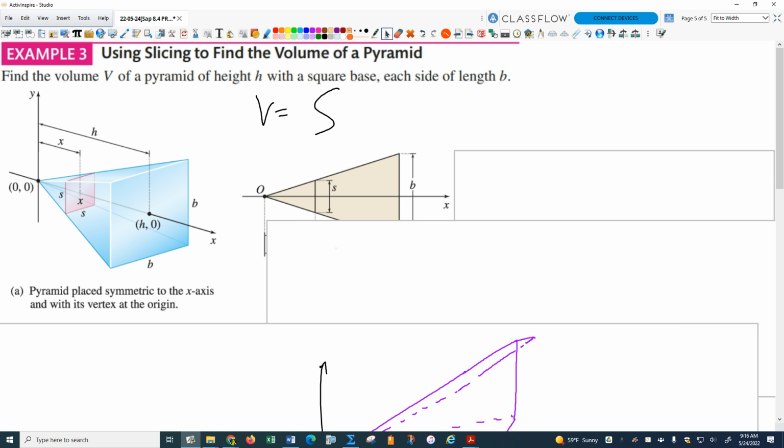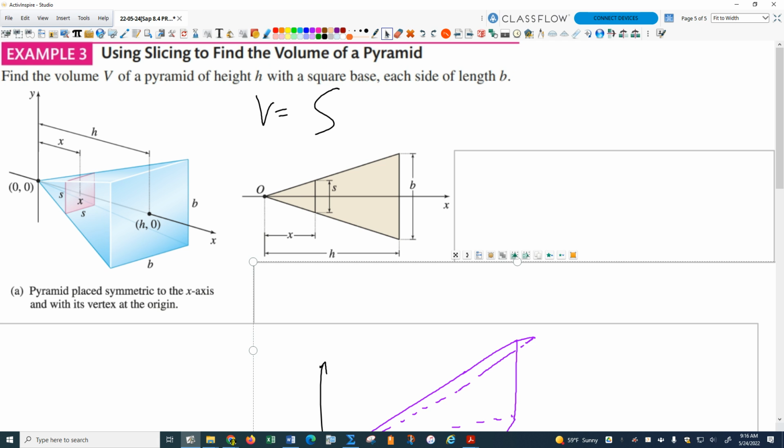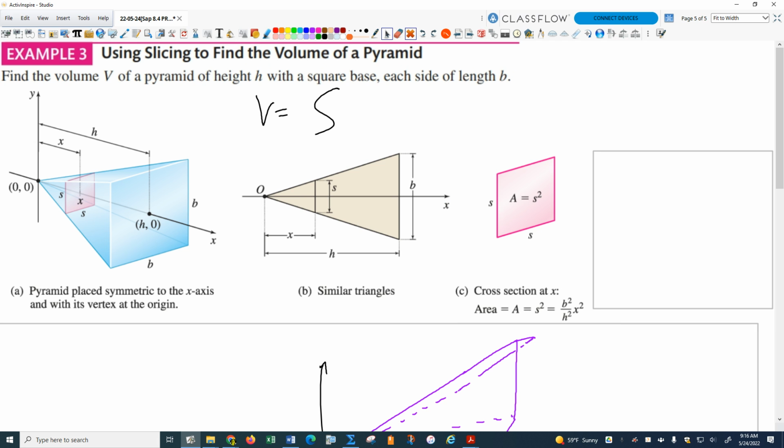They probably got a much better picture than I do. Yeah, there's our ratio, right? So if I go over some distance x, the side length is going to be in proportion to the total height and the total base. We got these similar triangles. And so there's our cross-sectional area, using that ratio. Side length is going to be some function of x dictated by whatever the ratio of b to h is. Okay?